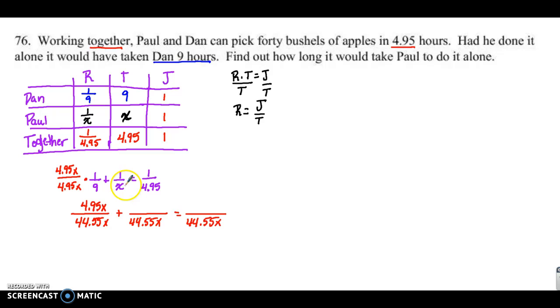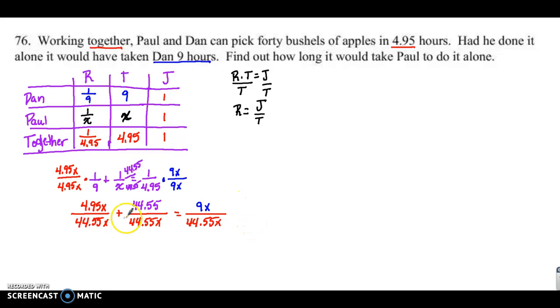So I would multiply the bottom by 44.55 and the top by 44.55. And when I multiply that times 1, it's just 44.55. And lastly, 4.95, I had to multiply that by 9x to get 44.55x. And when I multiply 1 times 9x, I get 9x.